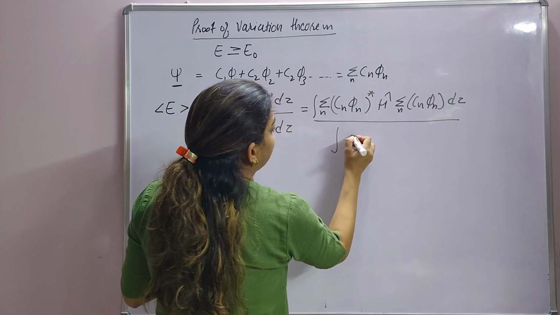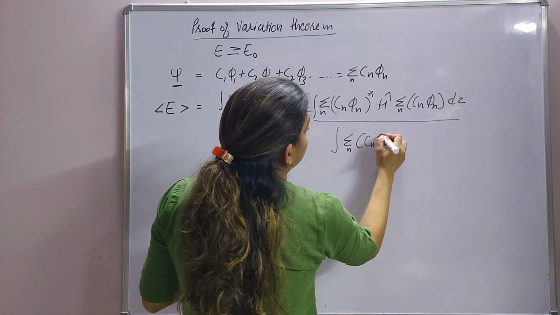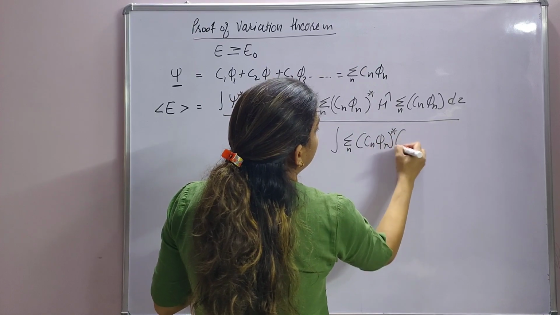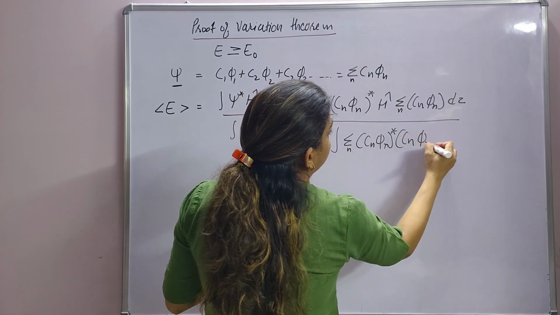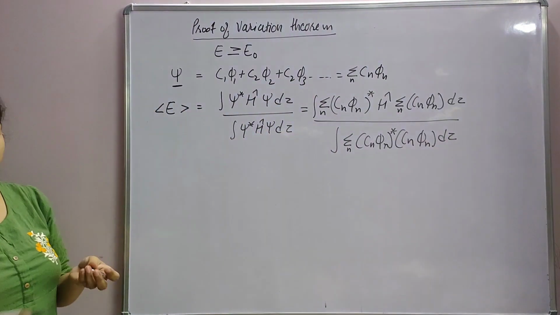Similarly, in the denominator we have Cn phi n star Cn phi n d tau. So this will be the equation for the average energy.